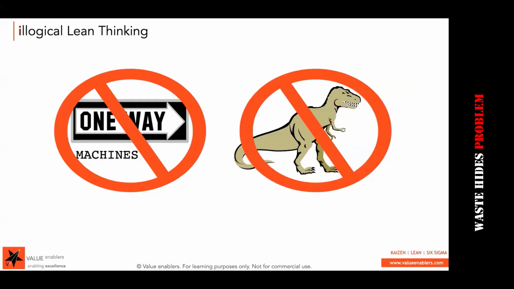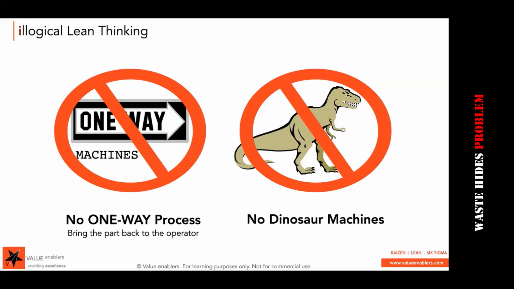We all know what happens to dinosaurs, right? No one-way process. Bring back the part to the operator. We'll talk about standardized work here. And we know what happens to dinosaurs. If you have huge machines instead of simple small machines, they'll get extinct soon.